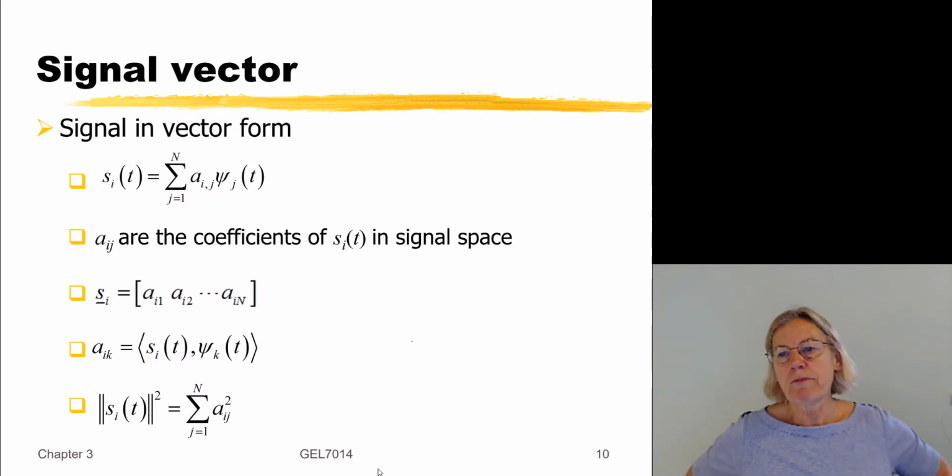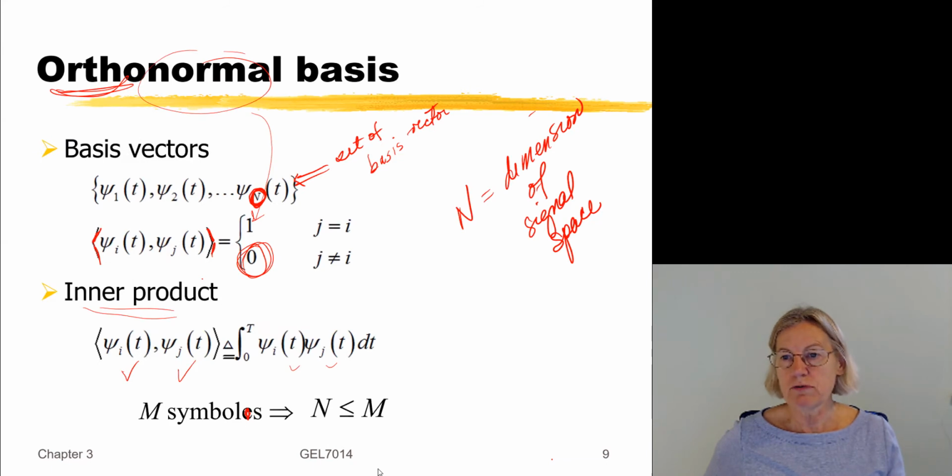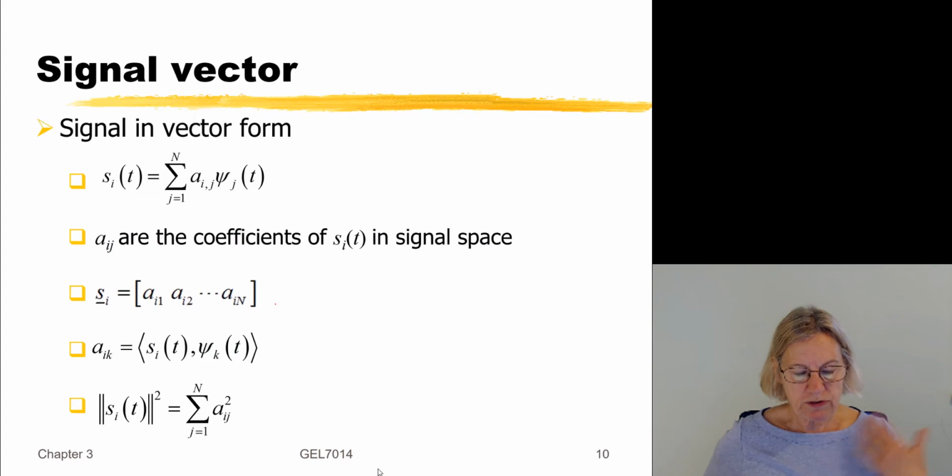Okay, so I'm representing a signal, in this case one of my symbols, in a vector space. So I've described that there is some basis that I'm going to use. I'm going to find a set of basis vectors. And now what do I do with these basis vectors? I use these basis vectors to represent the signal.